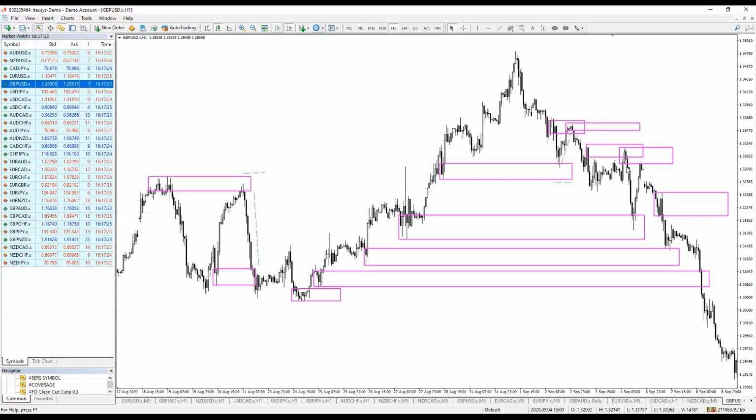All these supplies that were created as a reaction are also valid supplies of themselves. So these are stacked supplies, three different supplies for three different events on this downtrend. So good question.